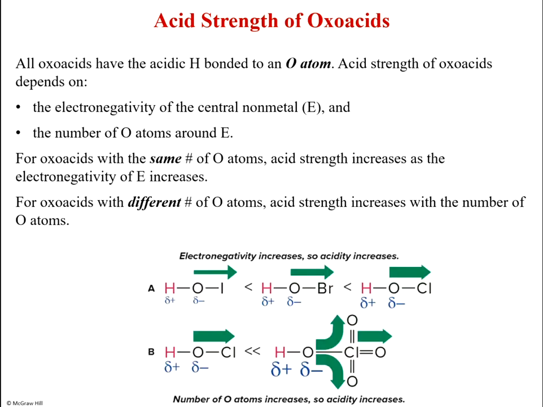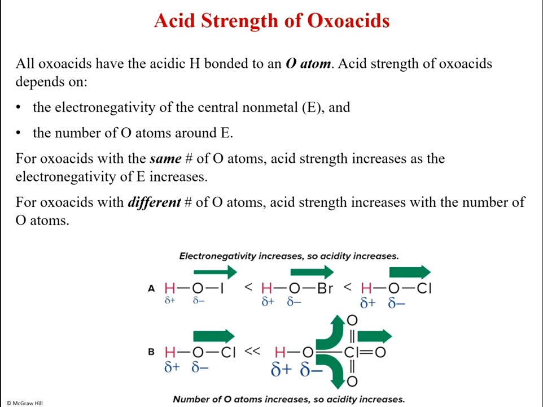So, for example, on row A, we have hypoiodous acid, hypobromous acid, and hypochlorous acid. The electronegativity increases from left to right, and so the acidity also increases, with hypochlorous acid being the strongest of those three.